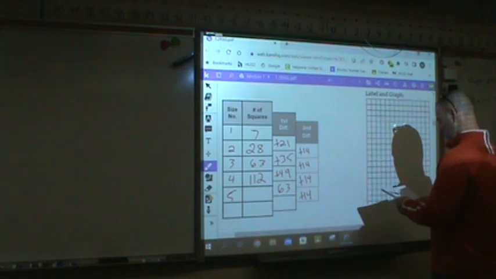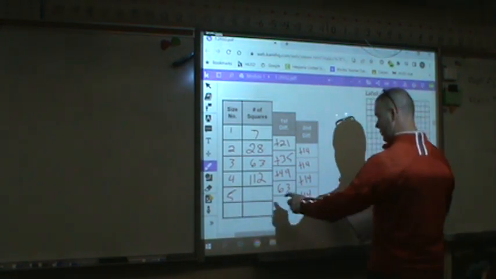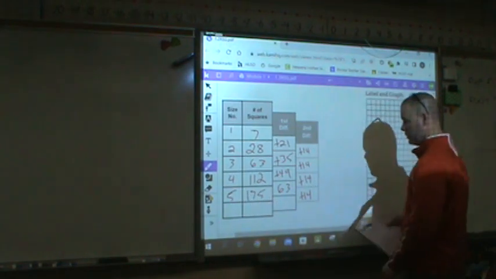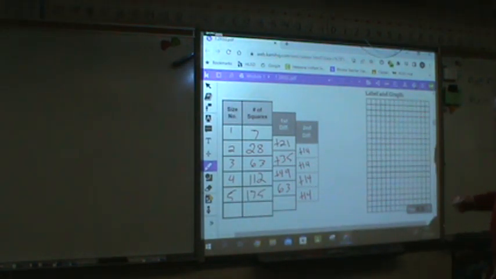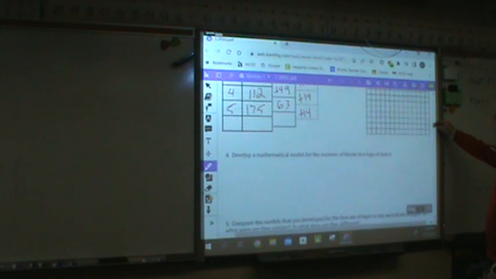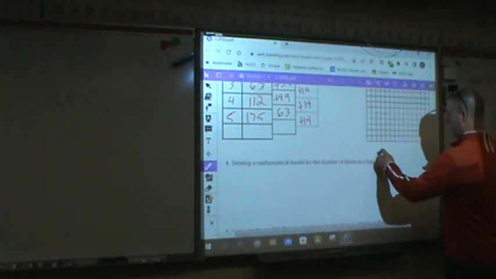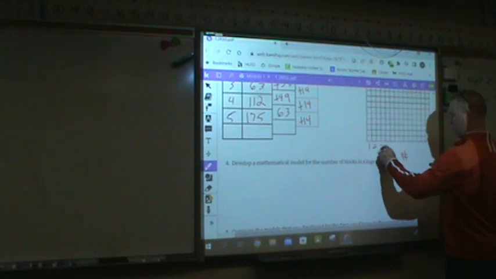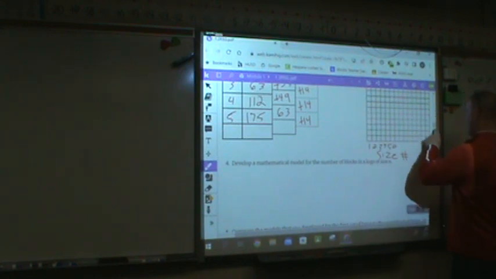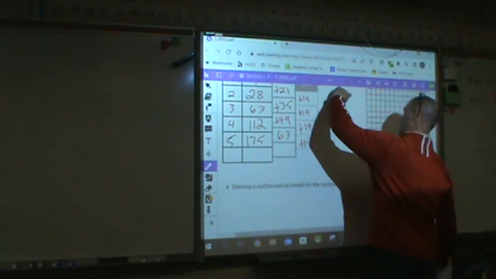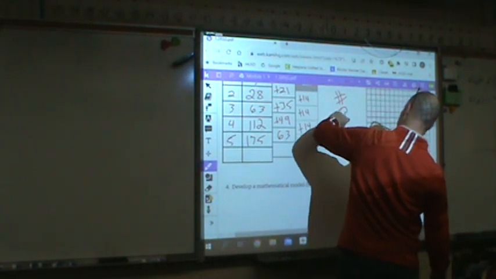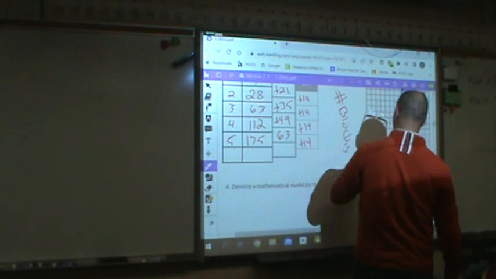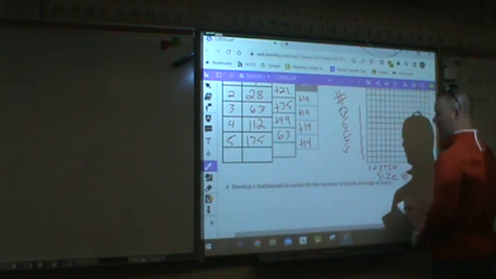All right, and then we end up with 175, because 112 plus 63 is 175. And again, pause and go ahead and fill out the table. We're going to have size number 1, 2, 3, 4, 5, and 6. And you're going to have block numbers here again. All right, so make sure you number that accordingly.